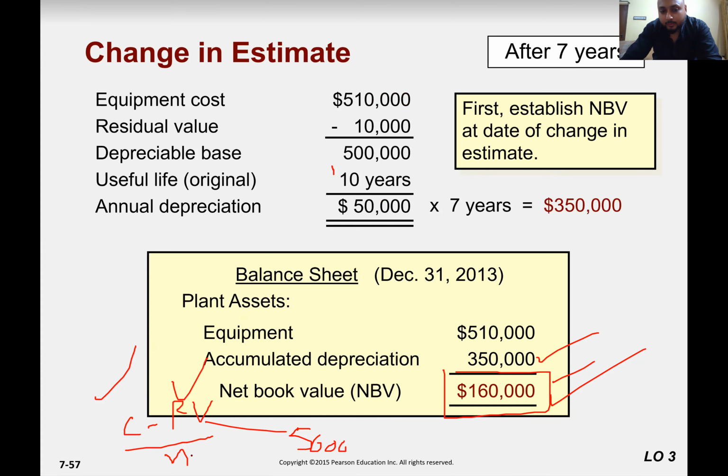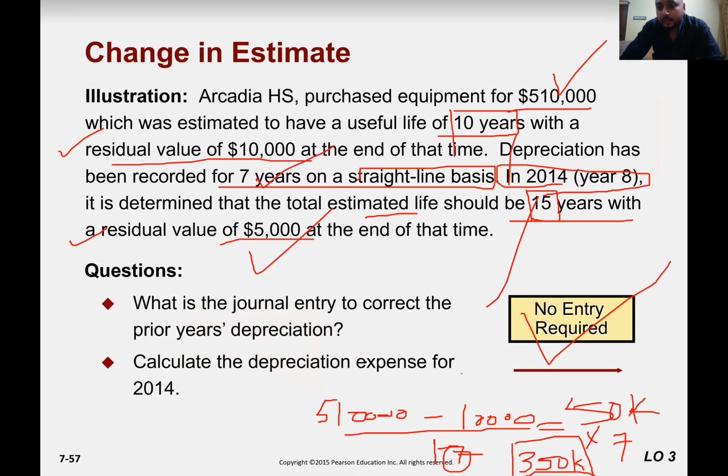So now we calculate the number of years. So question says they have increased the estimated life to 15 years, right? And right now you are at the start of year 8.